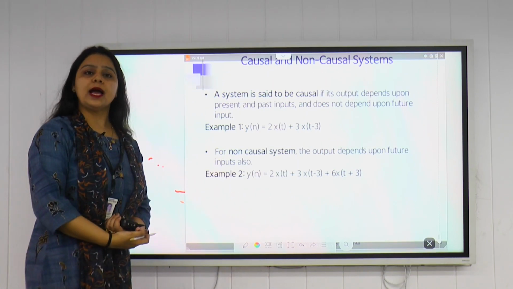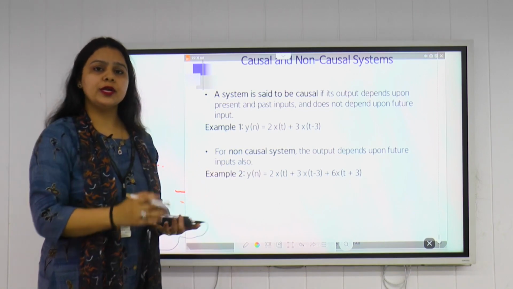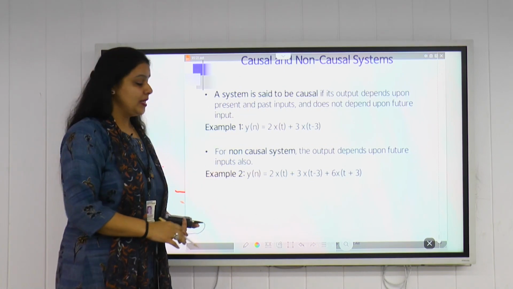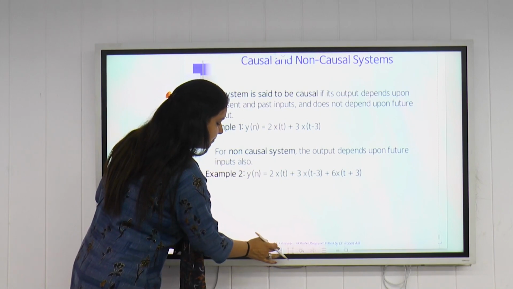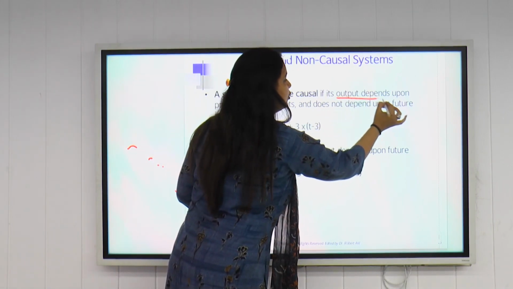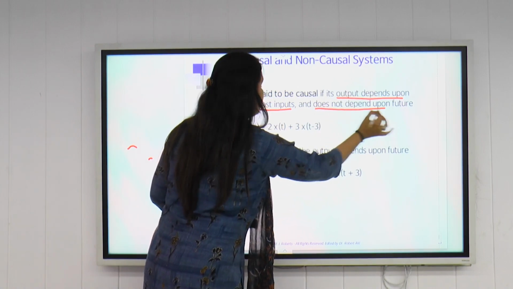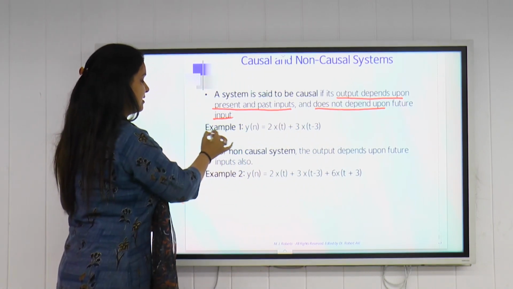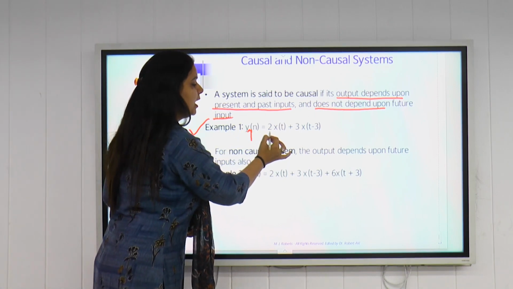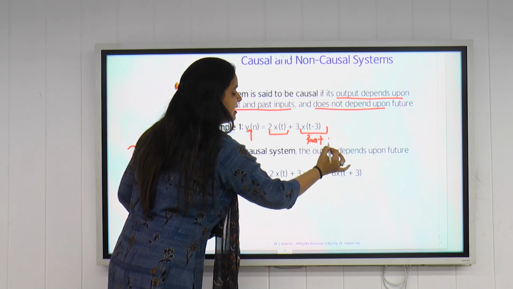Then we have the causal and non-causal systems. A system is said to be causal if the output depends upon the present and past input, but not on the future. That is the main aspect here. We can see from example number 1, the output is y(n) and it depends upon the present input x(t) and the past input x(t minus 3).